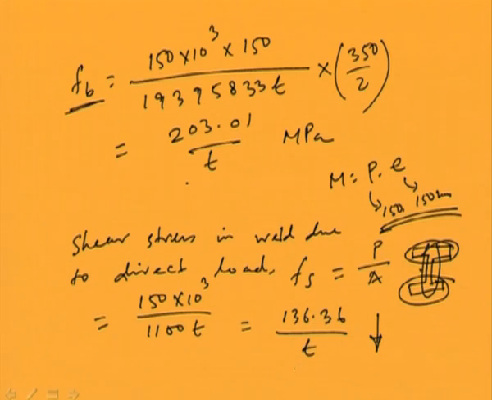At every point this value will be the same. So we are going to get Fs and Fb. The moment we get Fs and Fb, we know Fs is in the vertical direction and FB is in the horizontal direction.